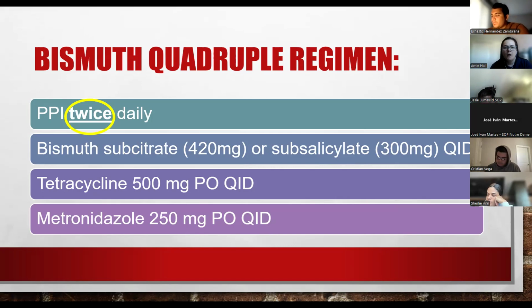Okay. Why would we not want to use this regimen in patients who have alcohol use disorder? Because of risk of drug-induced injury. With which drug?